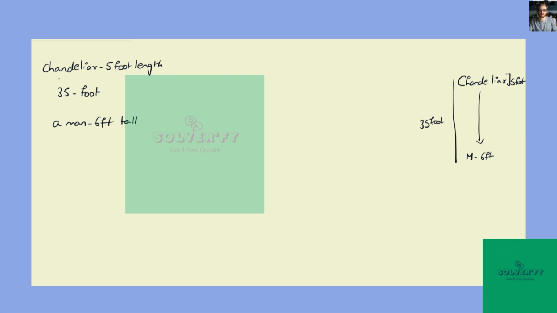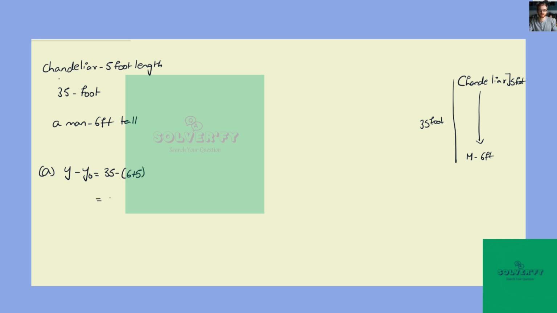So for the first subdivision, we have to calculate how long you have to get out of the way so that the chandelier does not fall on the head of the man. So let's say y minus y naught is the total distance, that is 35 minus the height of the man plus the chandelier height.